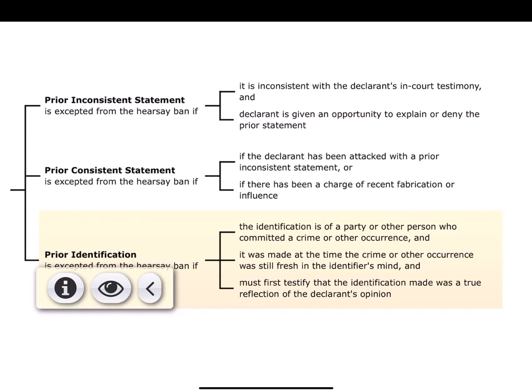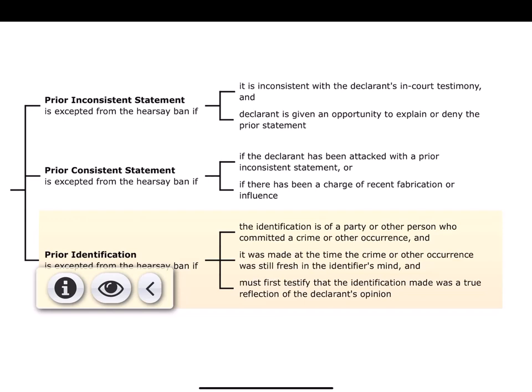That might solve our problem in that a prior identification is difficult because it wasn't made at the time the crime happened. It wasn't fresh in her mind. It was months later. But look at what the author of this hypothetical created here. He gave you defense counsel trying to admit a hearsay statement that he's using for impeachment purposes.